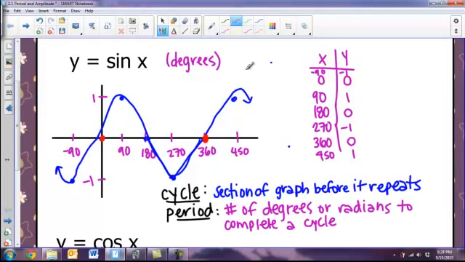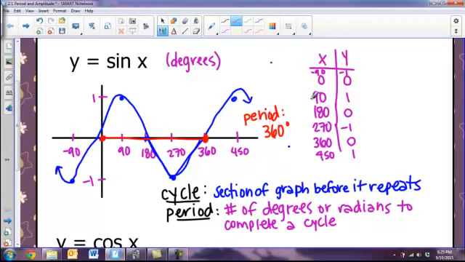So if I look at my graph of sine of x, and I start here at 0, it took me the entire 360 before it started repeating again. So the period of sine of x is 360 degrees, or in radians, that would be equivalent to 2 pi.